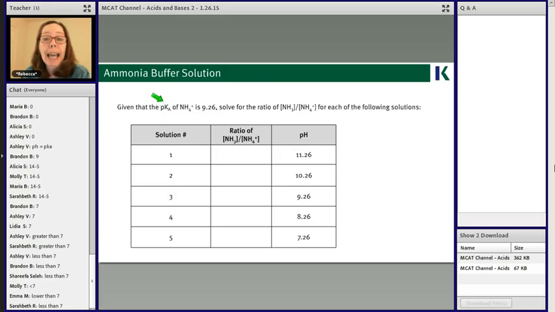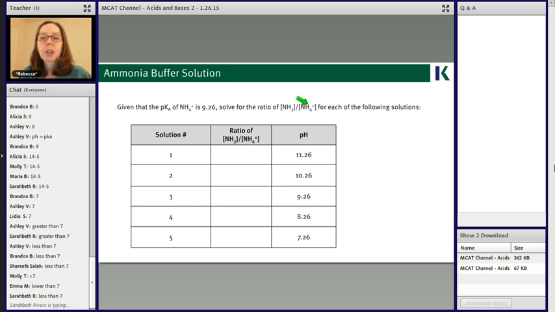We're given the pKa of ammonium, and it's ammonium because it has NH4 and it has a plus. So that takes ammonia, turns it into ammonium. Its pKa is 9.26, and it's asking us to solve for the ratio of ammonia, the conjugate base, over NH4+, the acid. So what do we know when these two are equal?